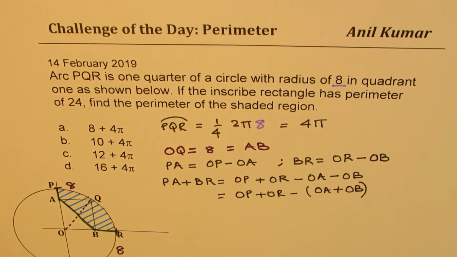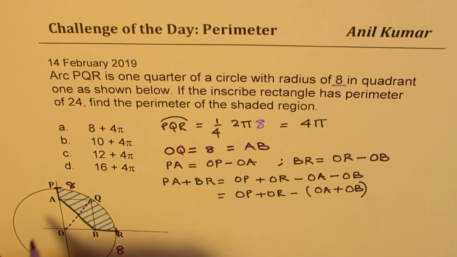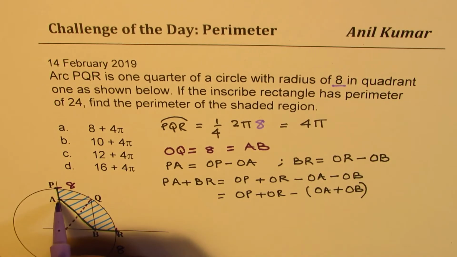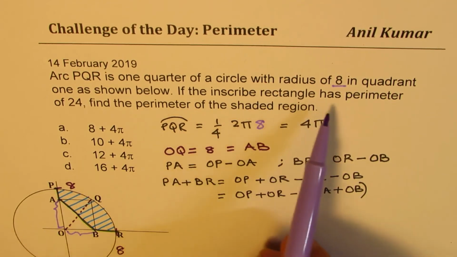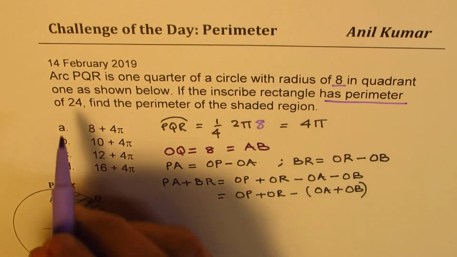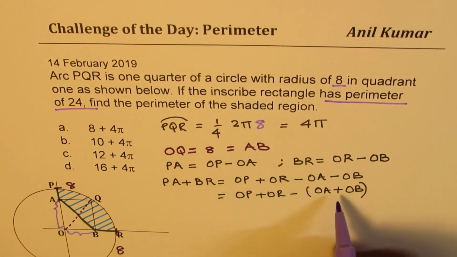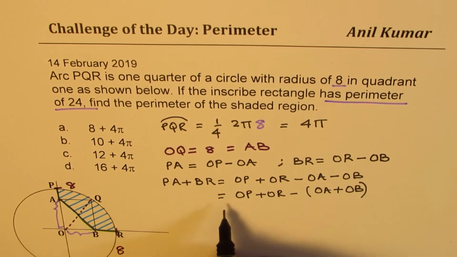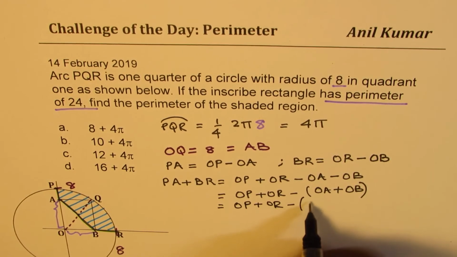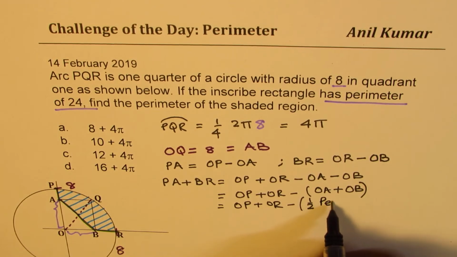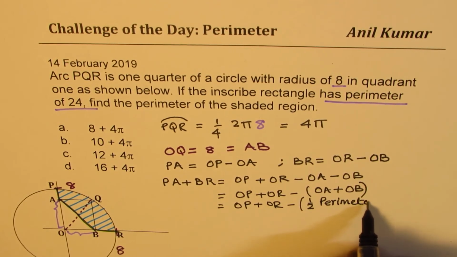Now what are OA and OB equal to? These are two sides of the rectangle, correct? So that is half the perimeter. It says the inside rectangle has perimeter of 24, so this portion is half the perimeter, right? So we could write this as OP plus OR minus half the perimeter, because perimeter is given to us.